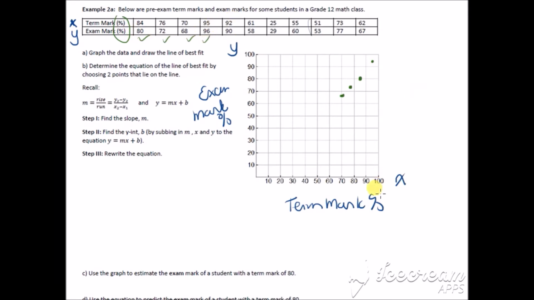Those 92, 90, 61, 58, 25, 29, 55, 60, 51, 53, 73, 77, and then 62, 67.